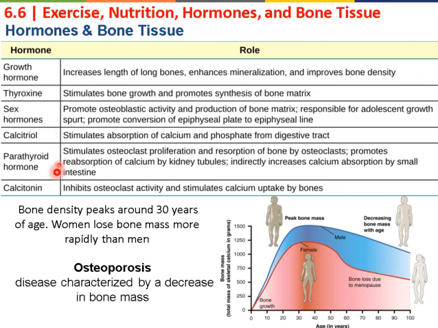Three hormones are also important for the bone. The first is calcitriol, which stimulates the absorption of calcium and phosphate from the digestive system. We have the parathyroid hormone, which has the same function as calcitriol, helping the calcium and phosphate absorption in our small intestine, and also stimulates the osteoclast.